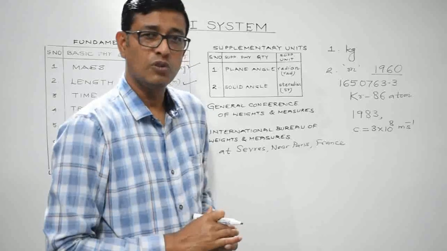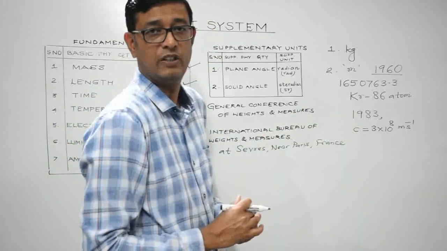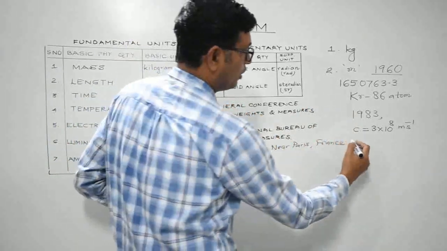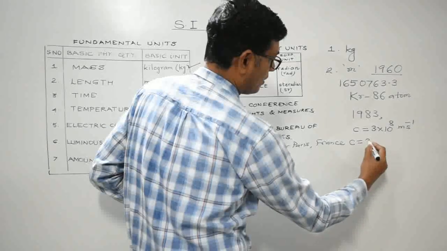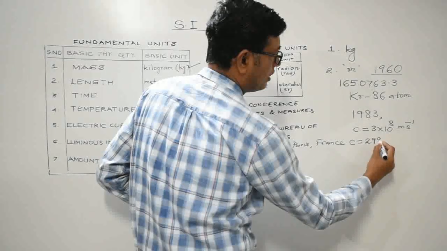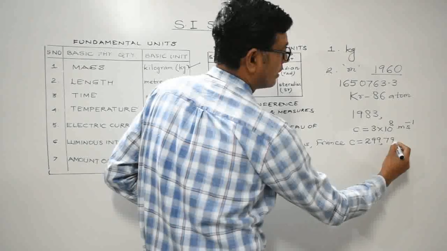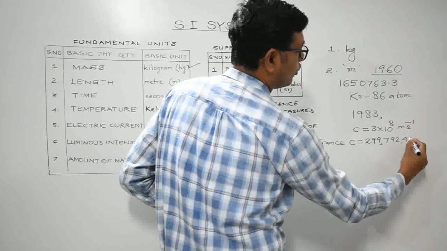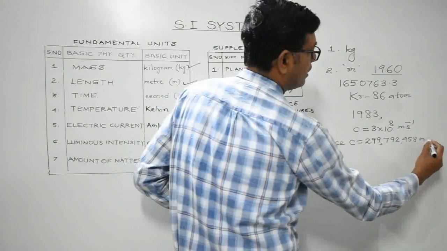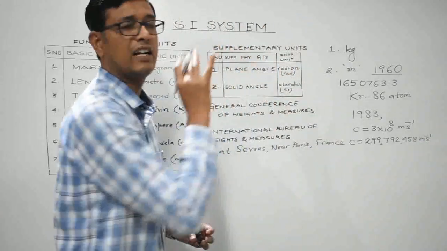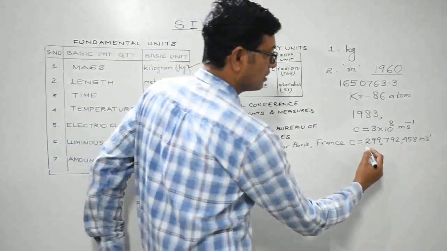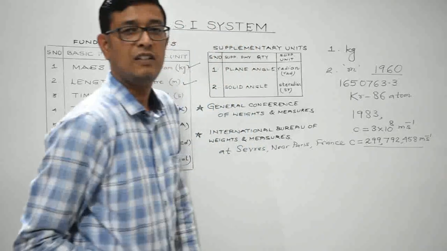But students, do you know that it is just the approximate value? The exact value of the speed of light is 299,792,458 meter per second. This is the exact value. You need to remember this.